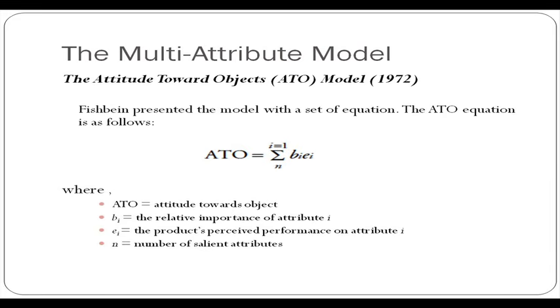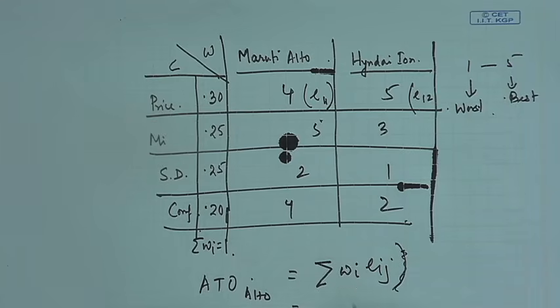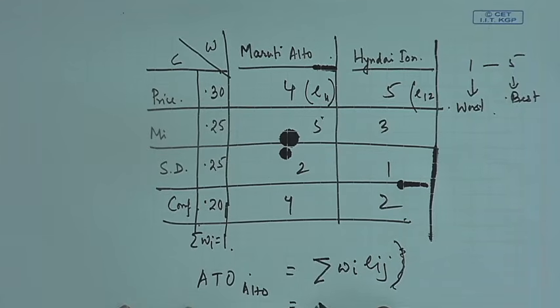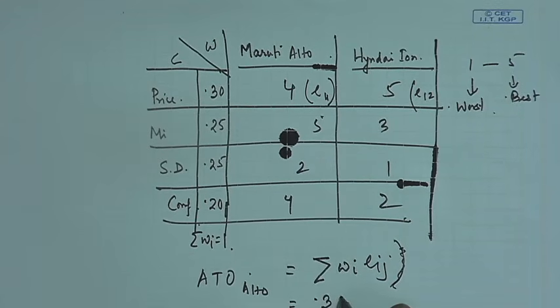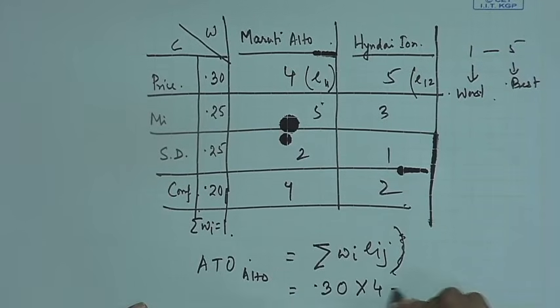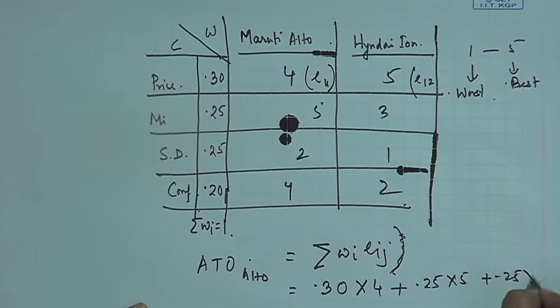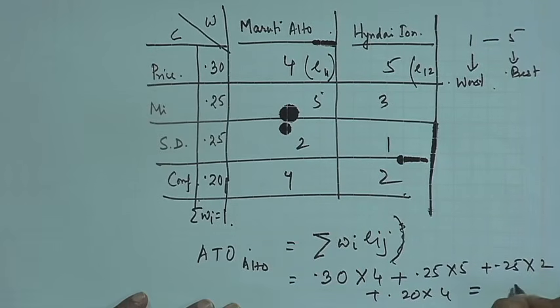Otherwise, in the slide you are seeing one particular product, written Ei, but when I am comparing two products I write Eij. Now similarly, if I want to find the attitude score for Maruti Alto, I will write it this way: 0.30 into 4 plus 0.25 into 5 plus 0.25 into 2 plus 0.20 into 4, and that would be the total score of Alto.